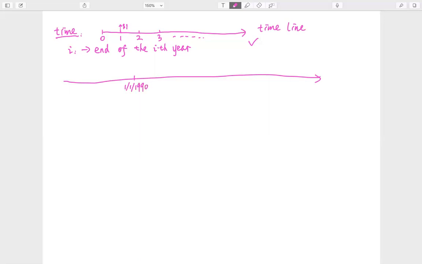That's where we are now. And I will receive the first payment on January 1st, 1991. So here I will have one payment. In the next year, January 1st, 92, I will receive another payment. Let's assume it goes on and on until the first day of this year, 2020.